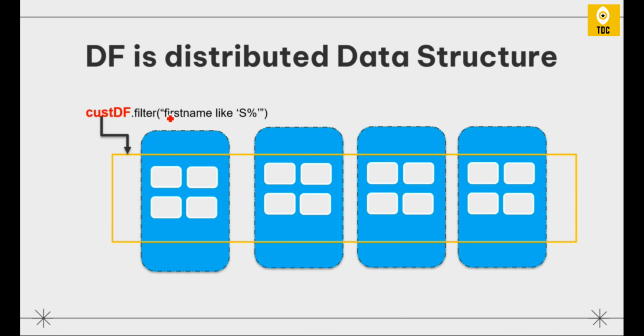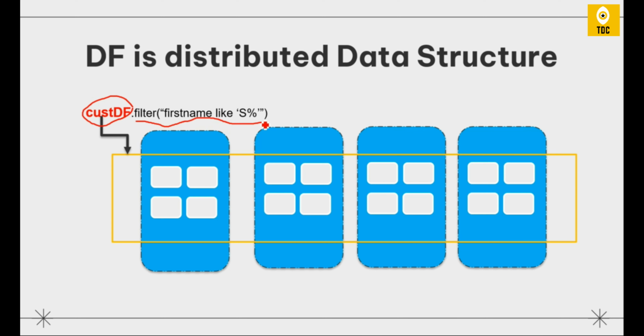So quickly, we know that a data frame does distributed computing, but how exactly does it happen? Suppose you have a data frame here, and you do a filter.